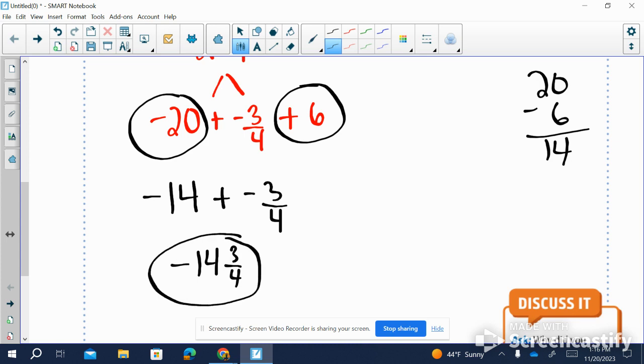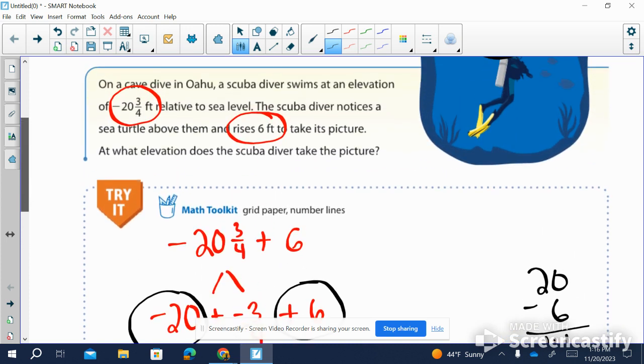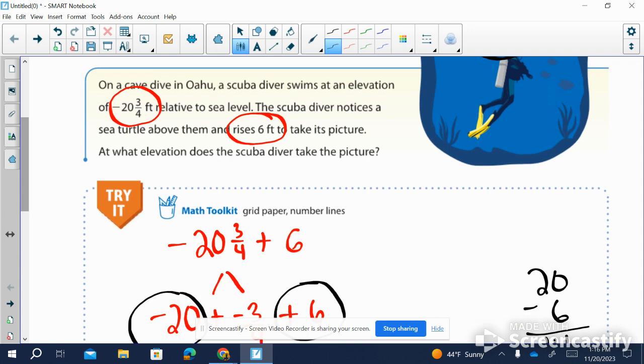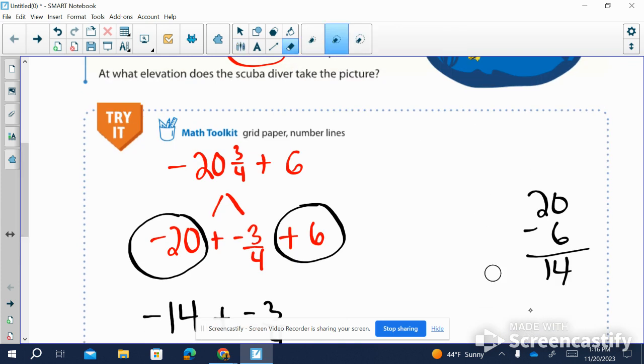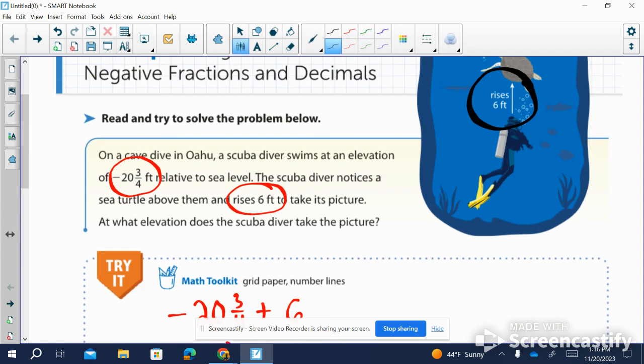Now, there were other ways to do this. We could have used a number line. We could have converted into decimals. You know what? Let's go back up and convert everything into decimals and see how that would look. Let me just erase some of this to make some room. All right. Let's look back over here.